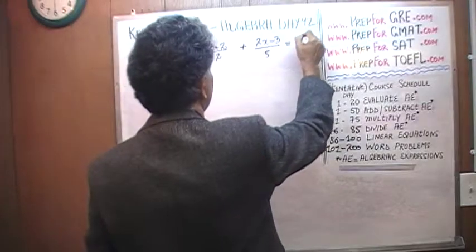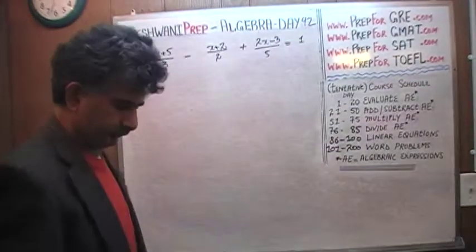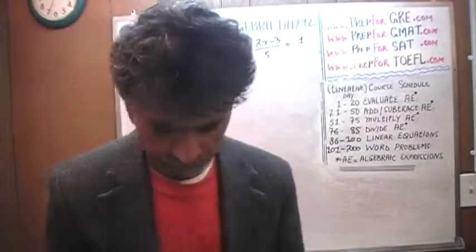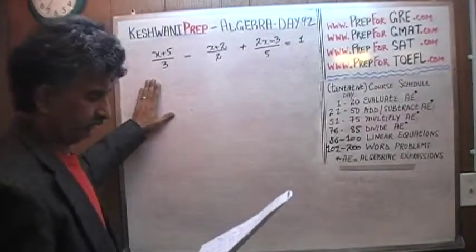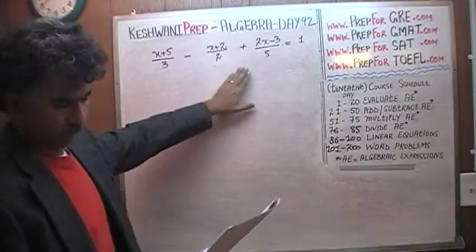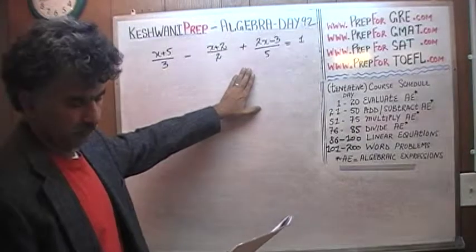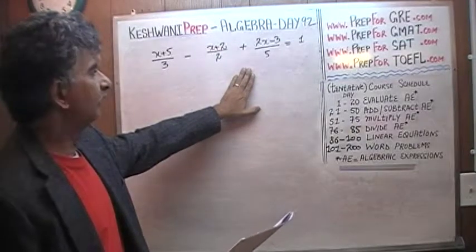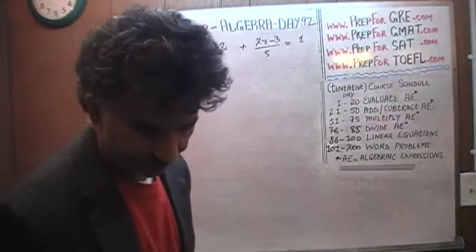We are told it equals 1. Let me read one more time: (x plus 5) over 3 minus (x plus 2) over 2 plus (2x minus 3) over 5, and the whole thing equals 1.